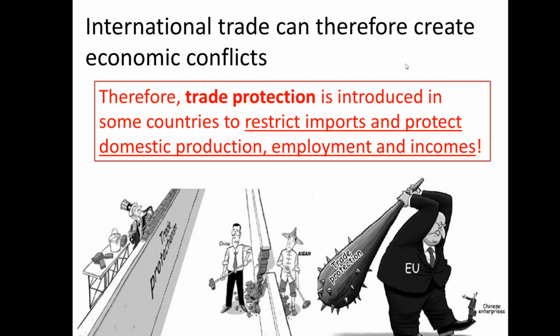Because they know if we trade together, we are going to see something bad like this, so we use all kinds of trade protection to protect us from these consequences. Then we will go to the part of trade protection.